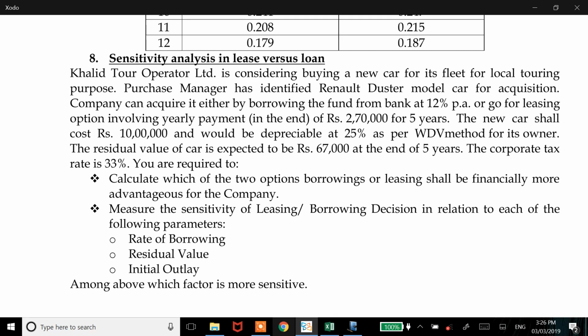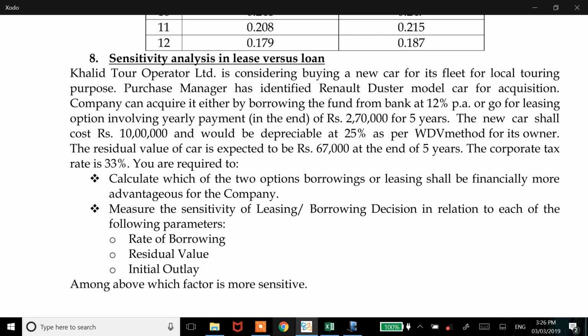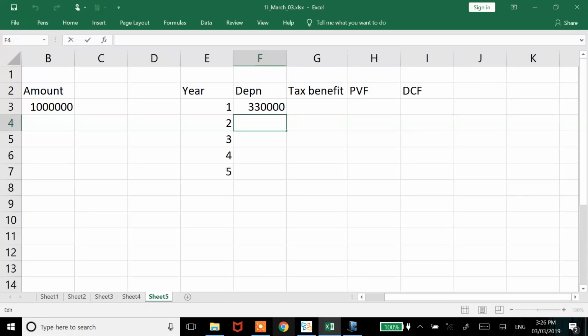10 lakhs into 25%. Depreciation is 25%. Next year is first year into 75%, and it goes on like this.